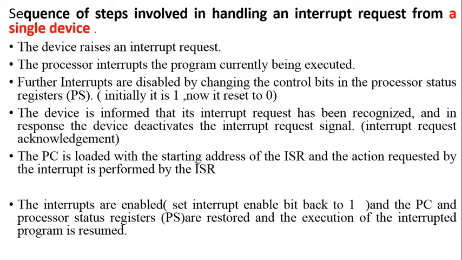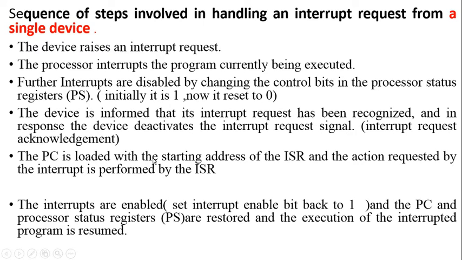Further interrupts are disabled by changing the control bit in the processor status register. Initially it is 1, now it is reset to 0. The device is informed that its interrupt request has been recognized, and in response the device deactivates the interrupt request signal. So, for informing the device, the interrupt acknowledgement mechanism is used.